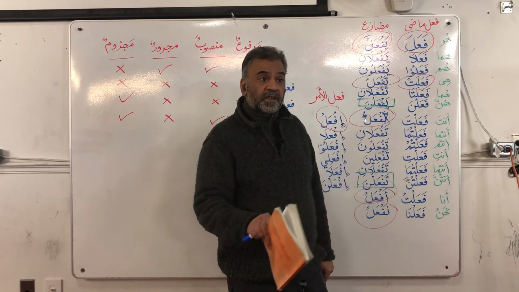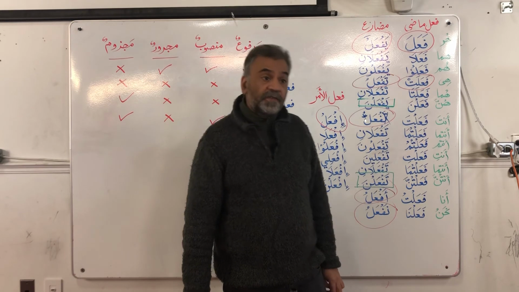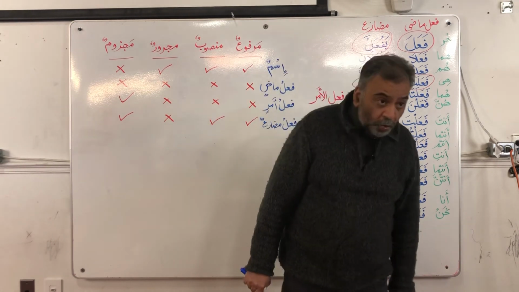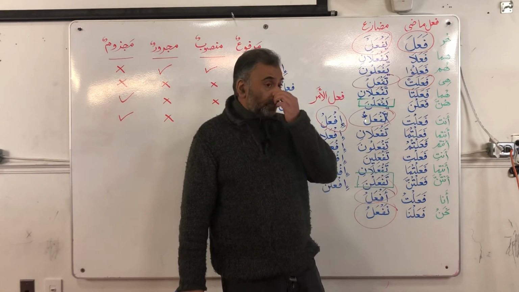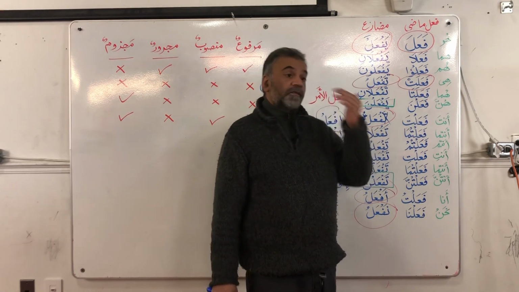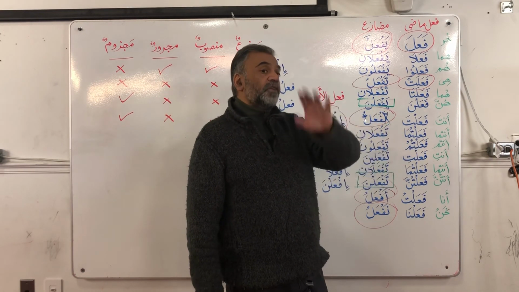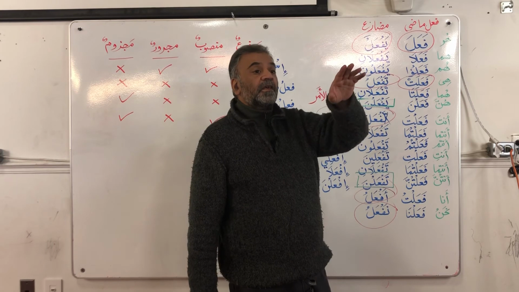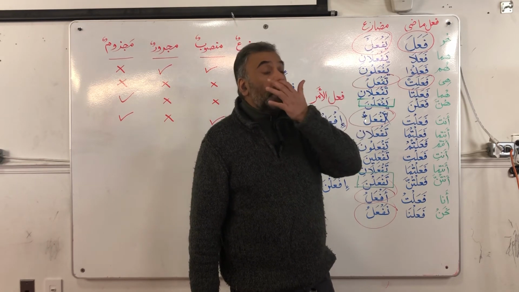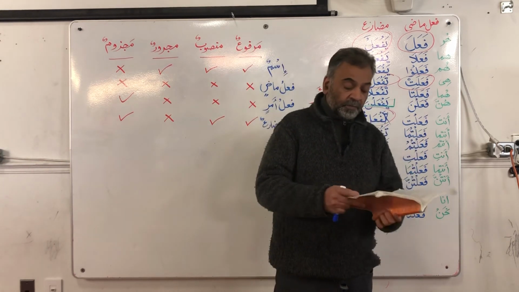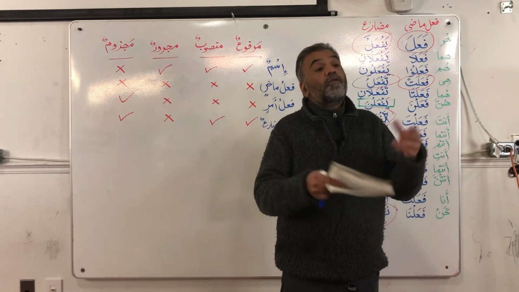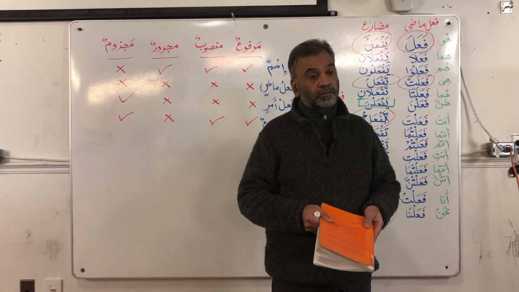What is this? Hamzatu istifham. Ata'rifina, do you know? In a present tense, ta'rifina, do you know? Hamzatu istifham is a particle of interrogation. Do you know what? Or whom?